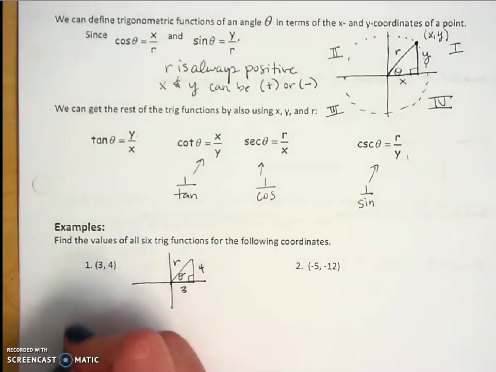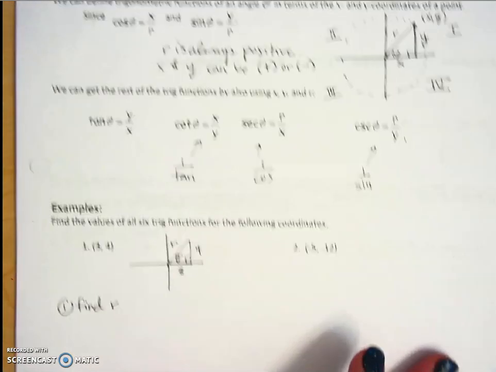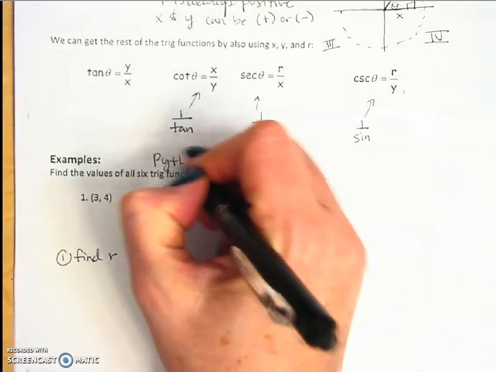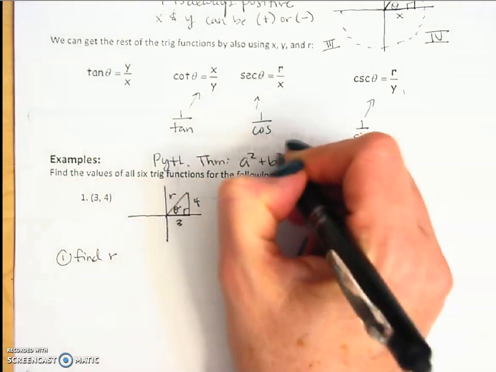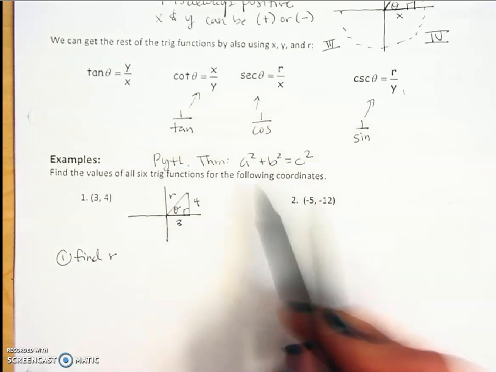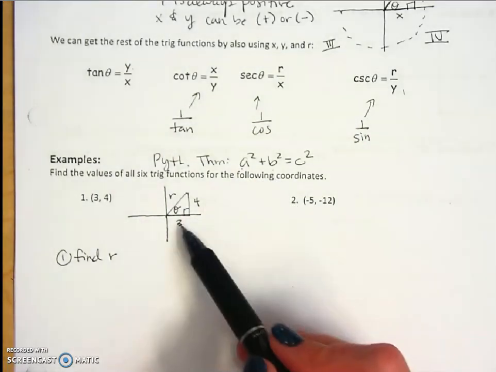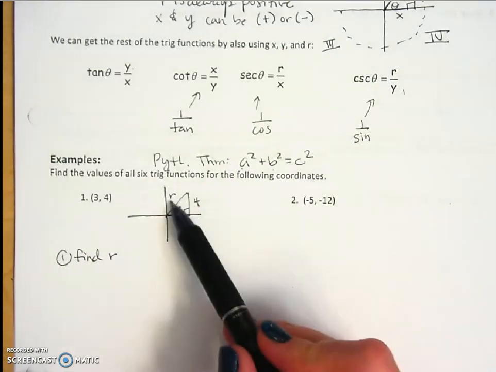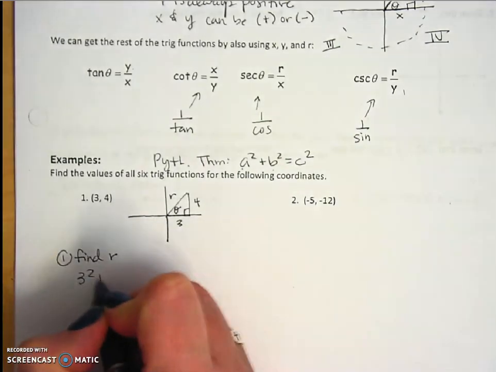So in order to find r, which is my first step, I'm going to use the Pythagorean theorem. So remember that the Pythagorean theorem is a squared plus b squared equals c squared, where a and b are the legs of the triangle, in this case 3 and 4, and c is the hypotenuse, in this case r. So I'm going to plug those values in.